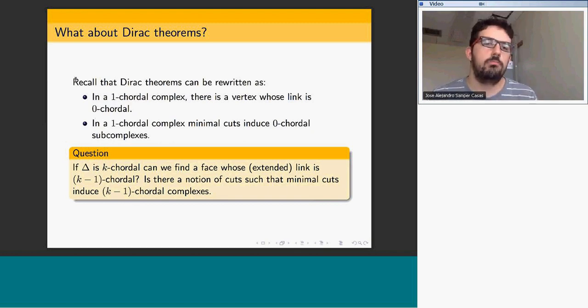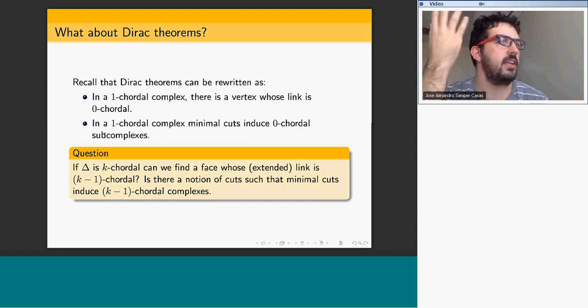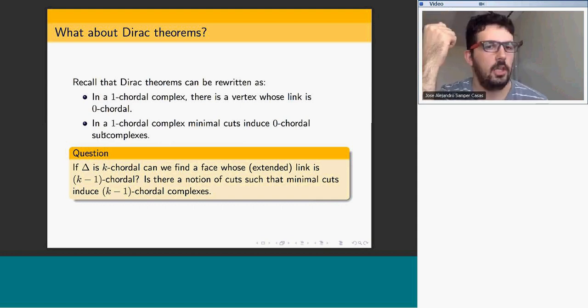And also, Dirac showed that if we take a one chordal complex and we take a minimal subset of vertices that separates two vertices, that is a core subcomplex, which is a complete graph.